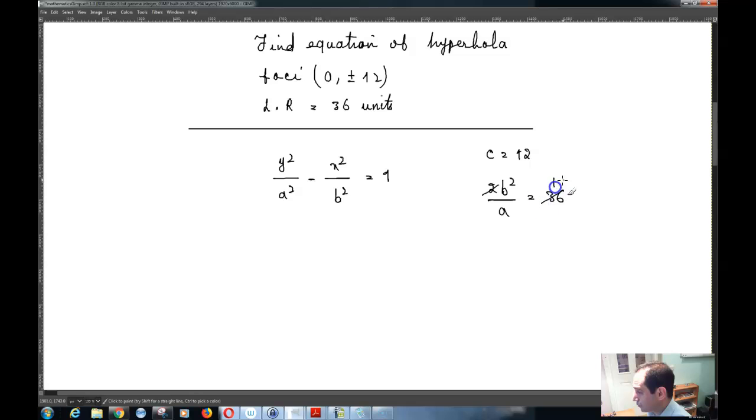So I can simplify this as b squared by a is equal to 18.